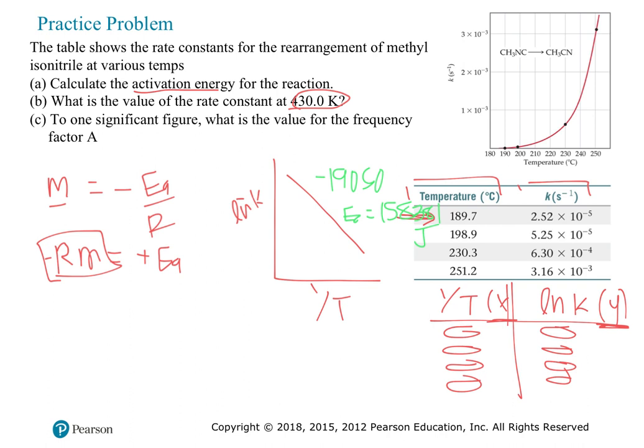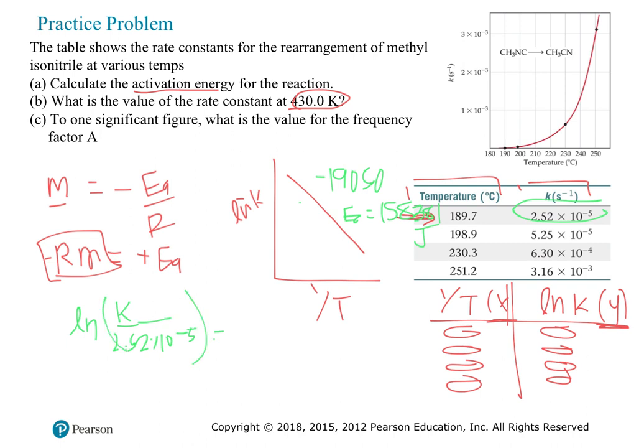So let's do that together. Okay, so we have ln of K1 over K2. So I'll just do K1, we don't know what that is, and K2 I'll just put as the first one. So 2.52 times 10 to the negative 5th.